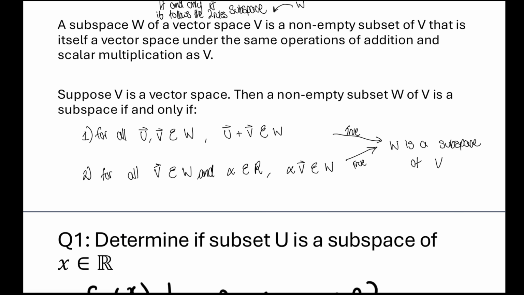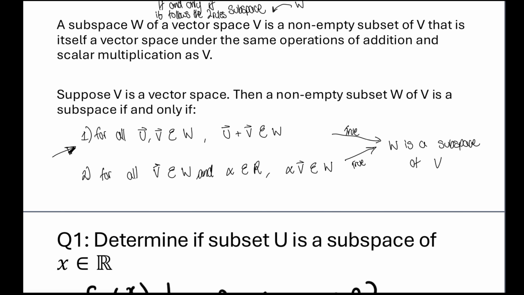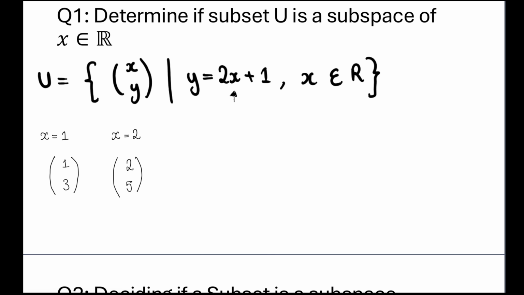If we now see if these two vectors follow these rules, we are first going to add the two vectors. So (1, 3) plus (2, 5) gives us (3, 8).